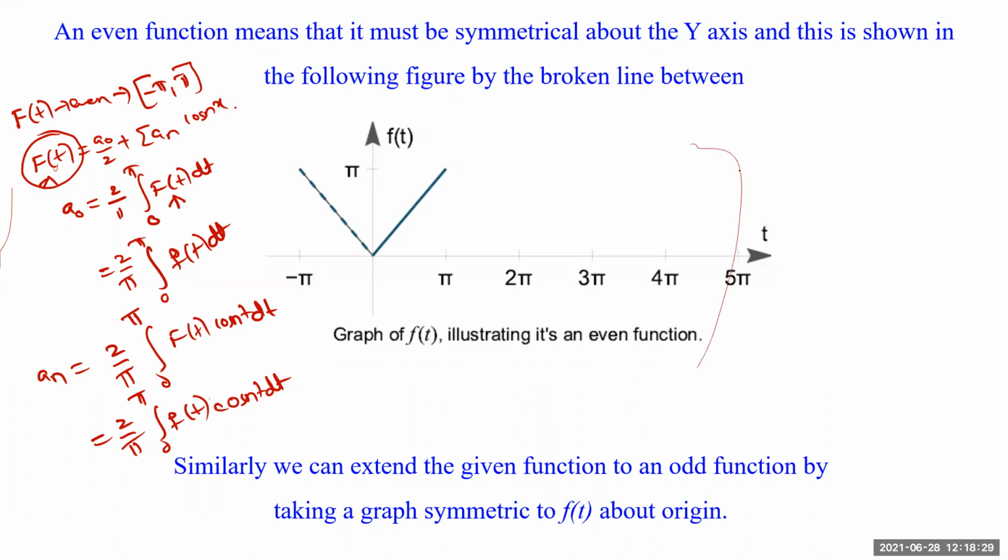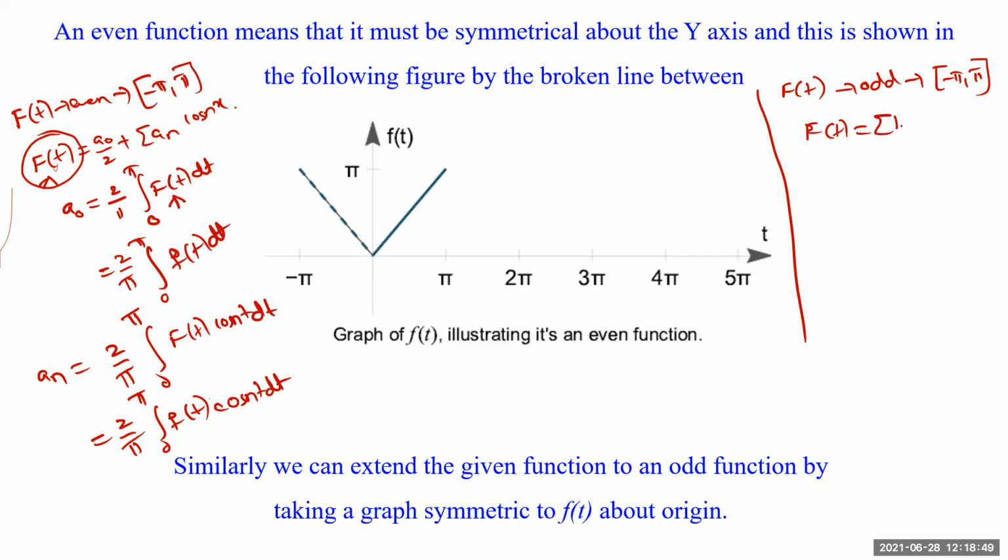In a very similar way, you can extend that function as an odd function. When you extend that as an odd function, you have a new function capital F of t, which is odd, and it is defined in the interval minus pi comma pi. In such a case, we'll get the Fourier series with only sine terms, like this: bn into sine nx.